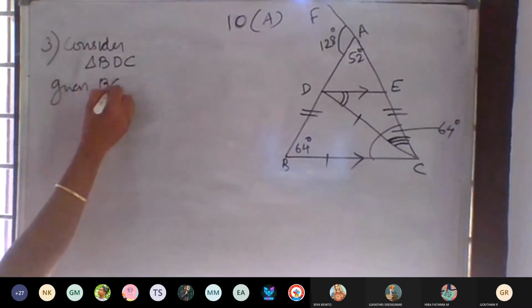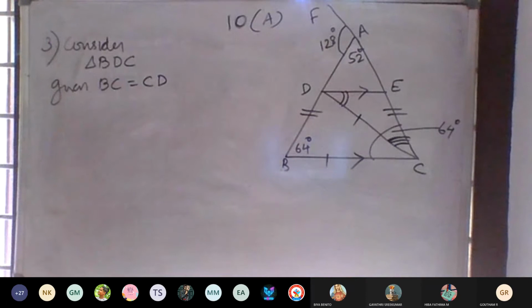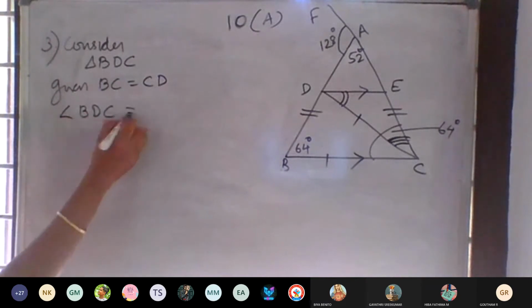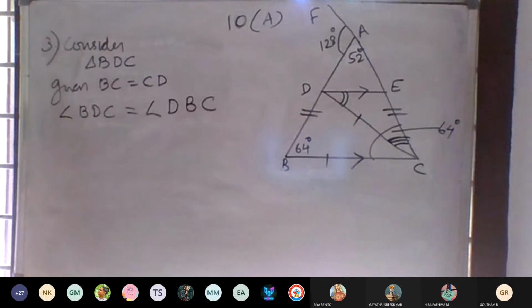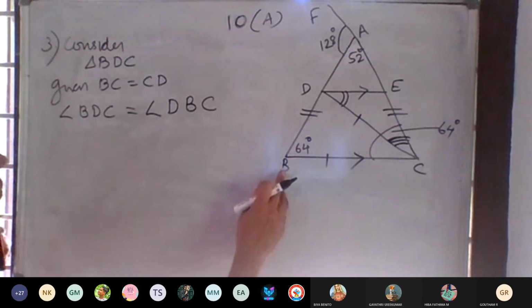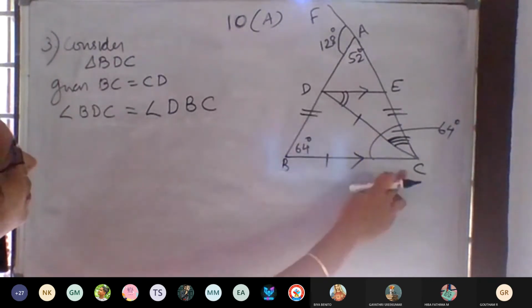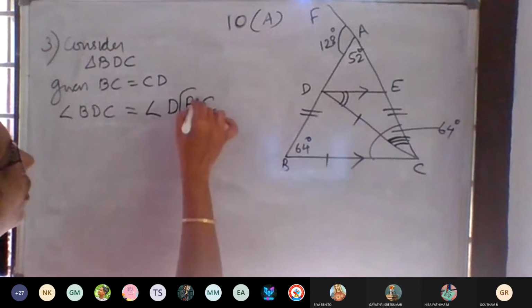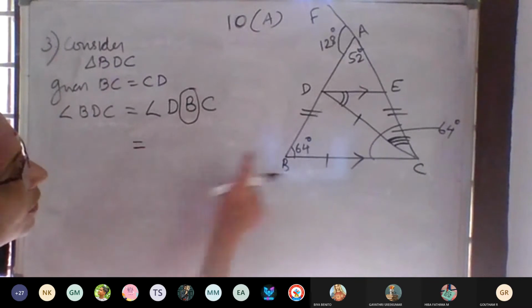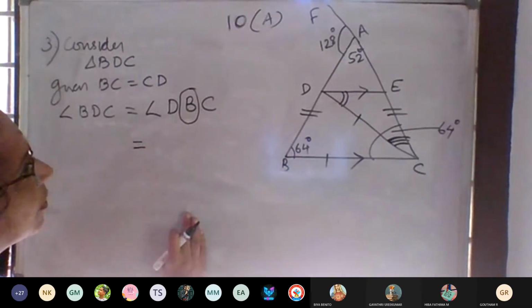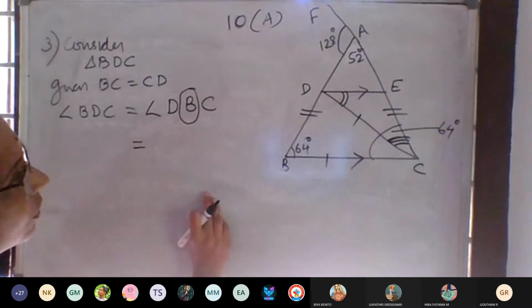Given BC is equal to CD. Therefore, we can write angle BDC will be equal to angle DBC, isn't it? DBC, that means angle B. So look at that figure.